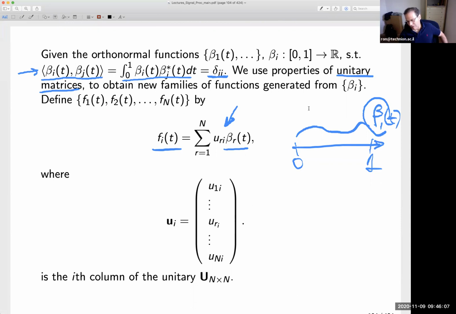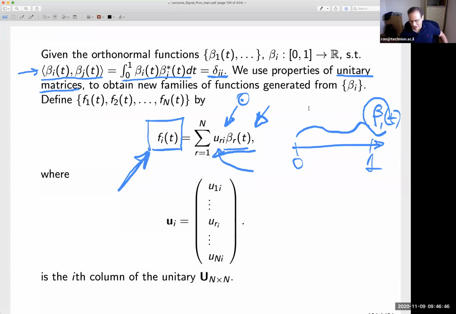What I'm doing is taking my orthonormal functions beta and looking at a linear combination of them that gives me a new set of functions, and let's see what we can say about this new set of functions. So again, I have a set of orthonormal functions beta, I have a unitary matrix U, and I'm translating these betas into F's by linear combinations of the betas.